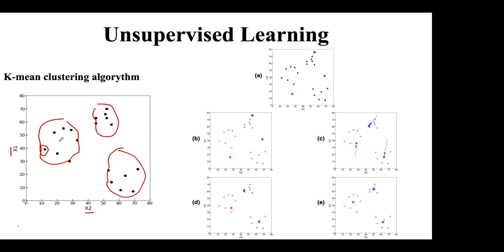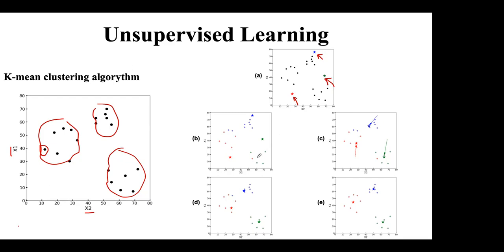So the first thing, look at step A: I just randomly initialize one centroid. I told my computer that here is the center of my first group, here is the center of my second group, and here is the center of my third group. Just randomly initializing, just picking random positions.